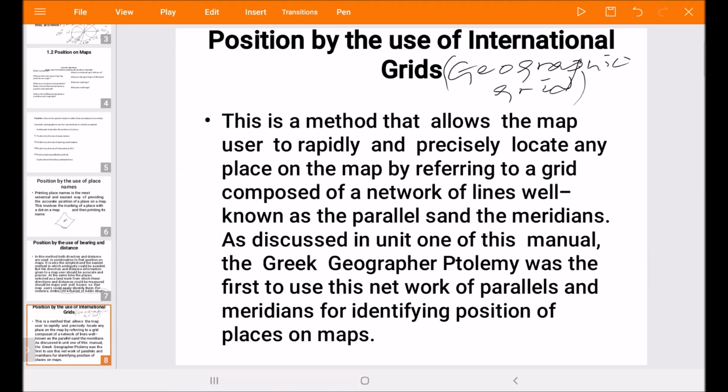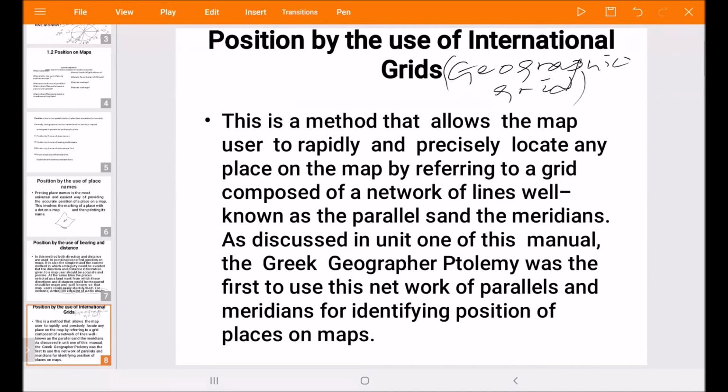Latitude እናስቀድማለን አንድ ቦታ መገኛ north of the equator or south of the equator ነው የሚገኘው የሚለው መጀመሪያ መለየት, then followed by longitude, east and west of the prime meridian or the Greenwich meridian ነው የሚገኘው የሚለውን በመለየት we can locate the location of a place by using geographical grid. So parallels and meridians or latitudes and longitude በመጠቀም እንገልጻለን.